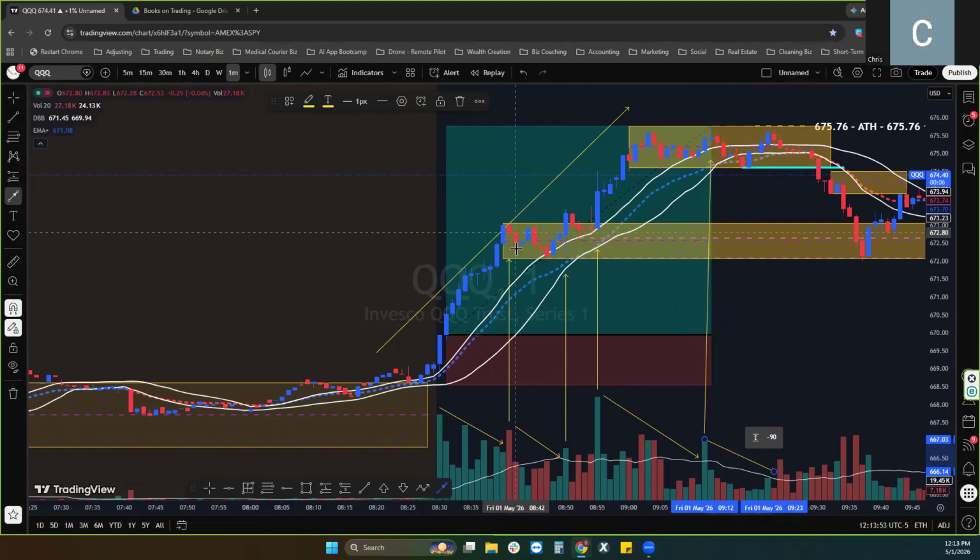Right here, this consolidation came back into the Bollinger Bands, but it didn't cross over to the opposite side. So we're not getting scared out of the position, anything like that, because volume isn't as strong. Volume isn't above the moving average down here, and so we're not getting scared out of this position.